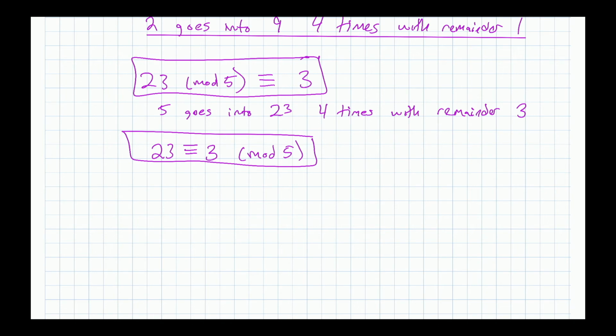It doesn't matter whether you write it at the beginning or the end, because mod 5 is not an operation. It's describing how you're doing the math. So 23 is congruent to 3 mod 5, or you could say 23 mod 5 is 3. You could even say mod 5, 23 is congruent to 3. Doesn't matter.